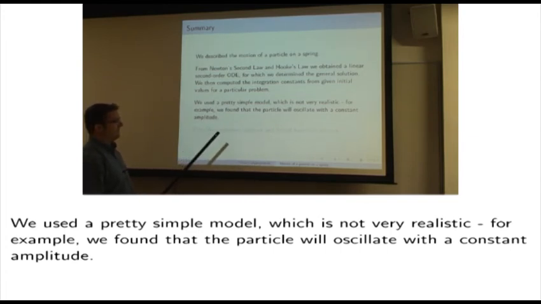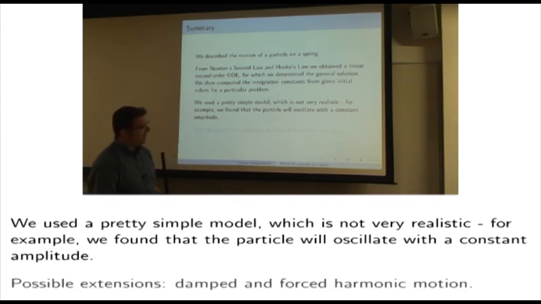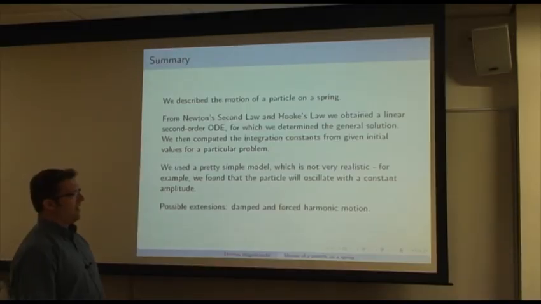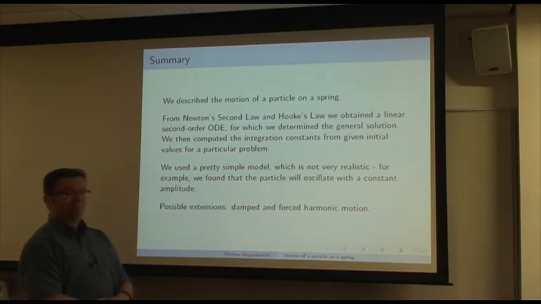So if we want to have a more realistic model, we would have to incorporate other forces and other effects. And you can do this. This leads to extensions of the simple harmonic motion model, and these extensions are known as damped harmonic motion and forced harmonic motion. And you can look at your textbook to see how you can solve the equations for this model. And that's it.